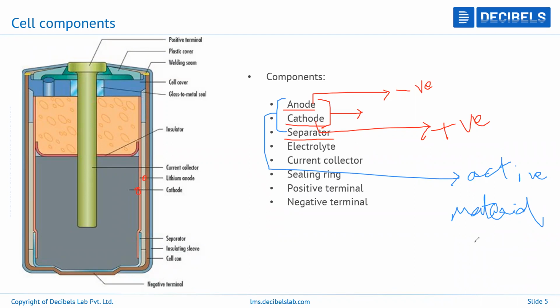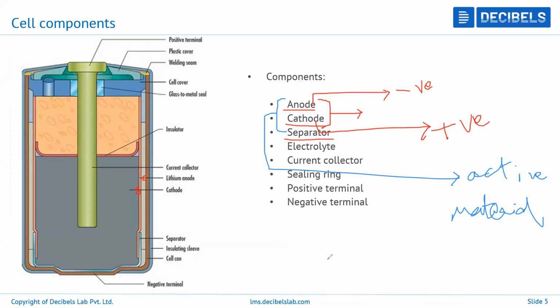When we come to the chemical reactions part, we'll take a look at the different anode, cathode and electrolyte active materials. Next, coming to the electrolyte. Basically, the electrolyte is a connecting medium between the anode and the cathode, through which ions have to flow.